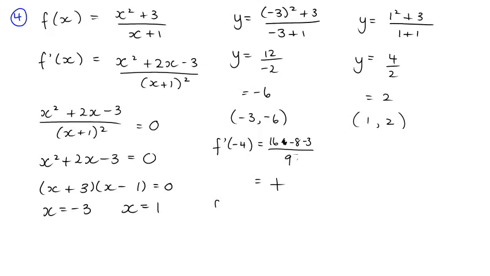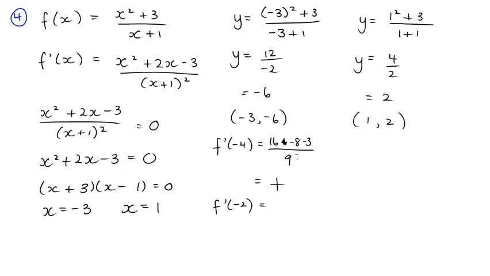We can test -2. Would we test -1? Why not? It's an asymptote. Yeah, if you tested -1 on here, you'd get a 0 on the bottom, which wouldn't tell you anything. Okay? It's -2. We'll get 4 minus 4 minus 3, which is -3.